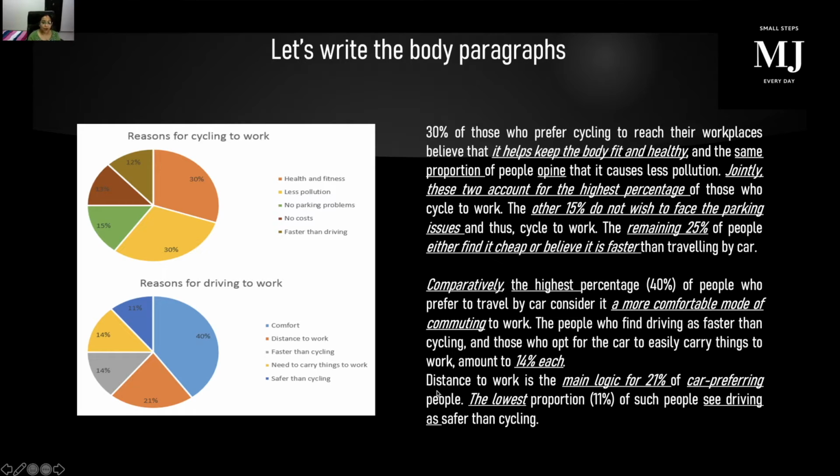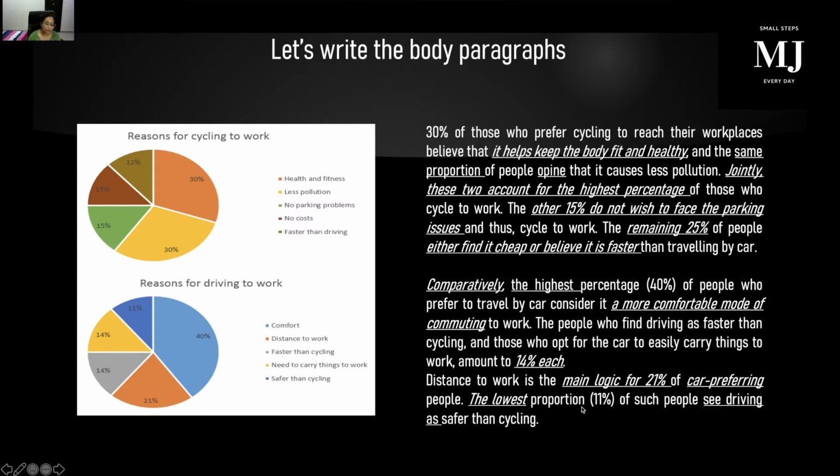Got it? After that, distance to work is the main logic for 21% of car preferring people. 21% distance to work. Yes, that's the main logic behind 21% of people who prefer using car to work. Okay? So car preferring people, nicely hyphenated. Then, the lowest proportion, that is 11%, guys, safer than cycling.